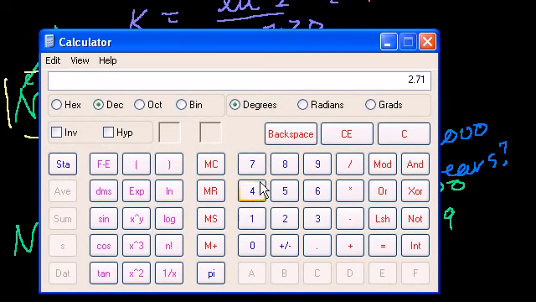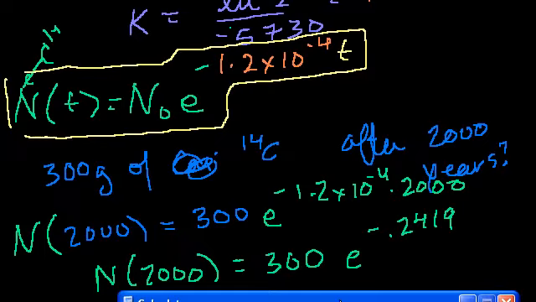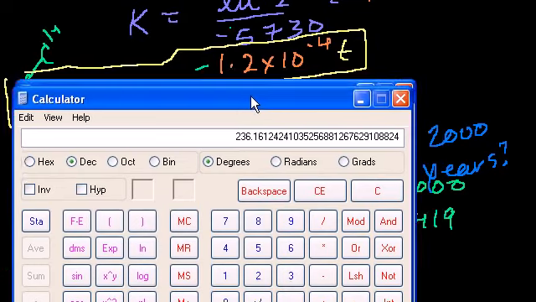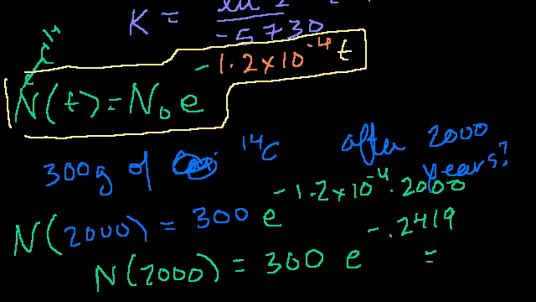I could keep adding digits, but I'll just do 2.71 to the negative 0.24, which is equal to 0.78 times the amount that I started off with, 300, which is equal to 236 grams.